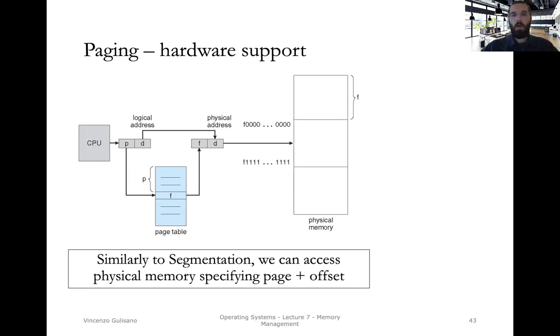Now, when the CPU needs to read or write something from the memory, the idea is similar to what we had before with segmentation. This is why I'm saying that it's not completely different from segmentation. You need to specify the page you want to access, and then within the page, the offset, okay?